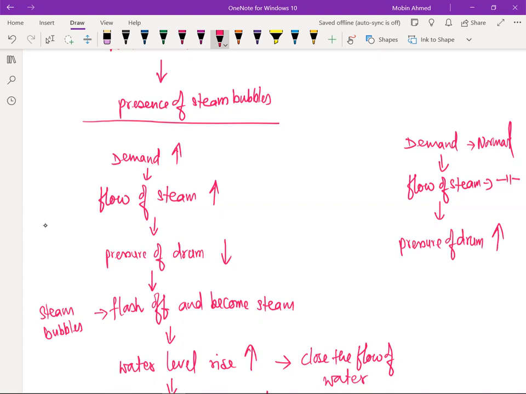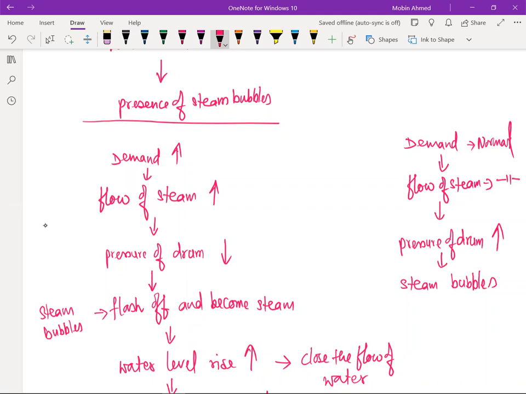Now, when it rises, the steam bubbles which were flashing off will now stop. Okay, so steam bubble flashing will stop. If the steam bubble formation reduces, we can say the steam bubbles which were flashing off and becoming steam are reduced.